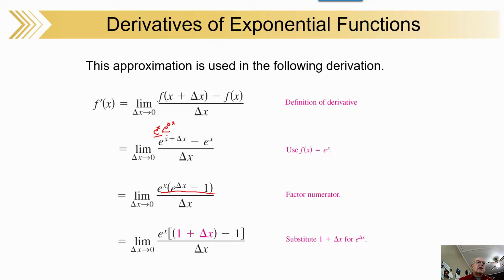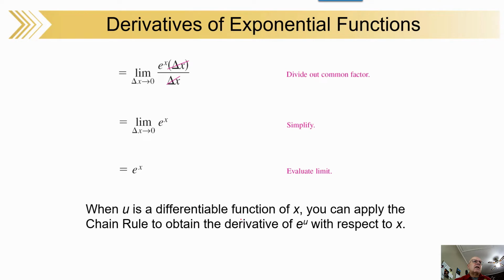So we can factor out the e to the x, and we get this. This part here becomes just that. Anyway, you can see the rest for yourself. Eventually you end up with just e to the x.